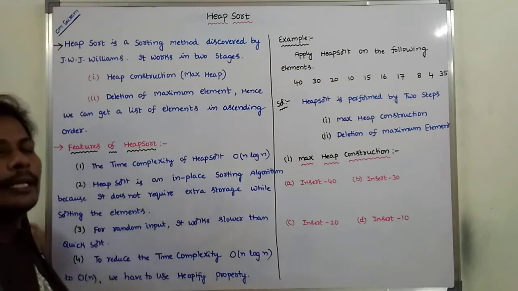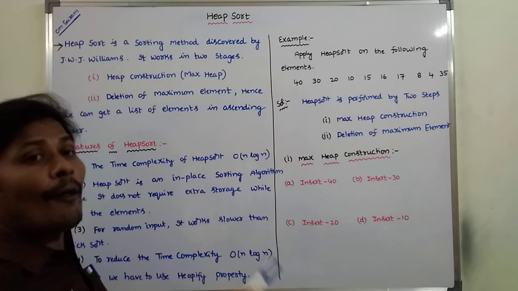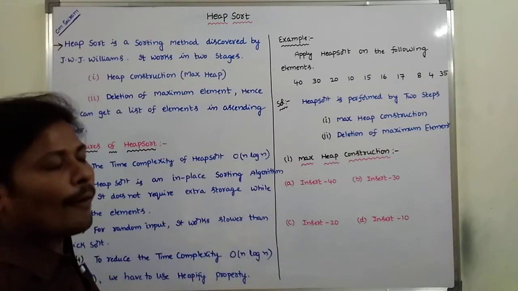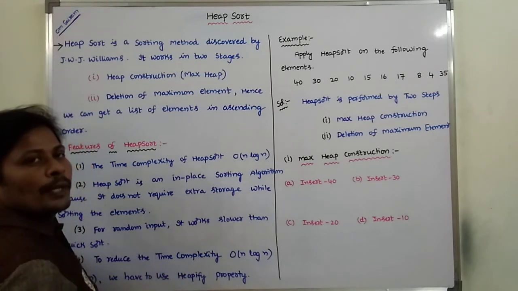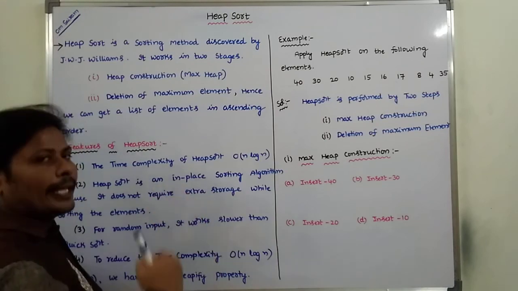Fourth point, to reduce the time complexity from big O of n log n to big O of n, we have to use a property called the heapify property. The heapify property works in the downward direction.